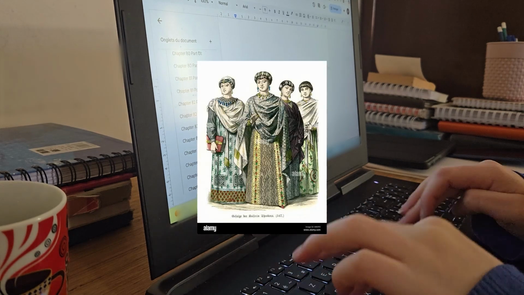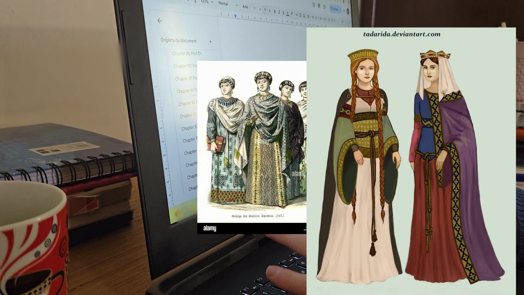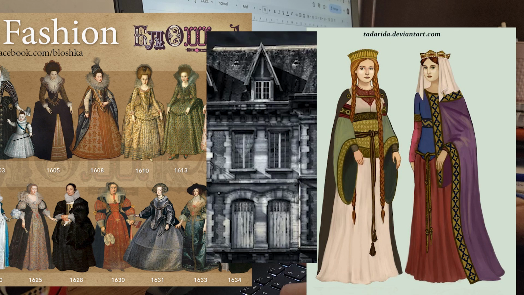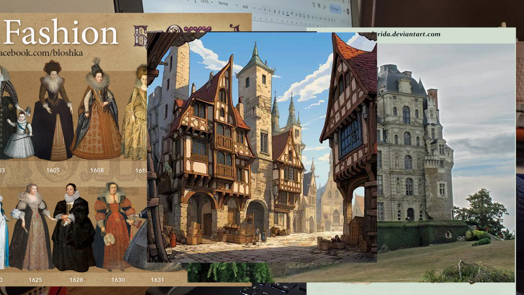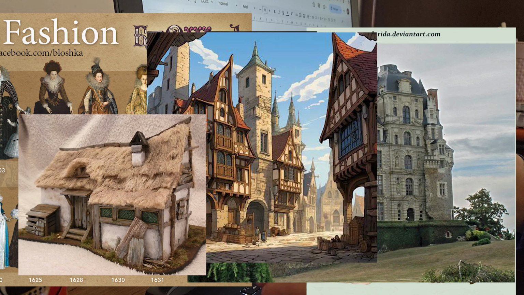The vibe, fashion, and architecture are a mix of medieval and gothic, varying from one faction to another as well as from one town to another. Basically, I worked with an interval starting from the 5th century and going up to somewhere between the 15th and the 17th century.